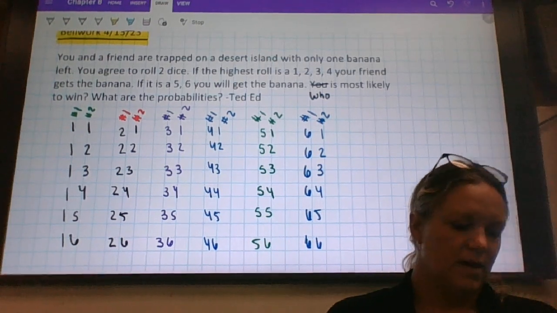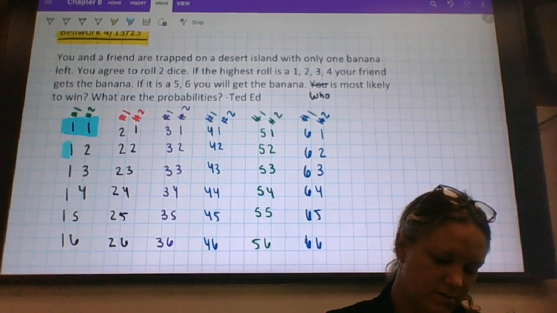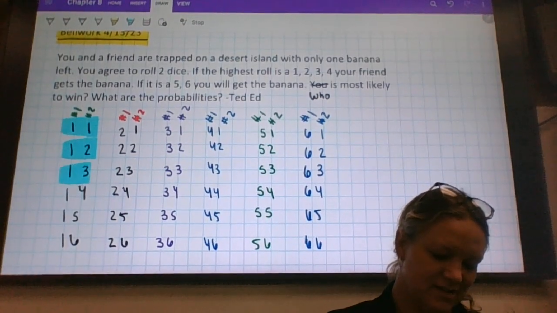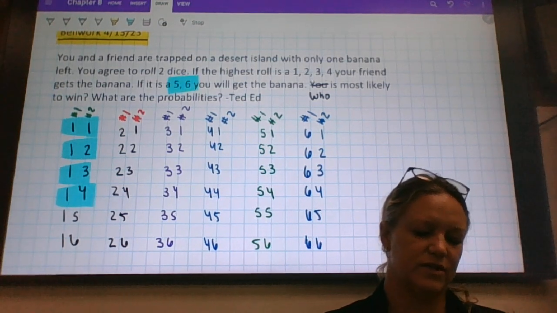All right? How many of them are going to go to your friend? If the highest roll is a 5 or 6, you get it.